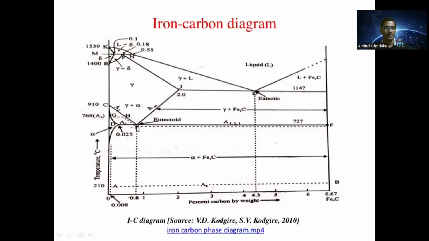Then here the reaction is a eutectic reaction, here the reaction is a peritectic reaction, and here the reaction is a eutectic reaction. So at 0.8% of carbon and temperature, the eutectoid reaction occurs.